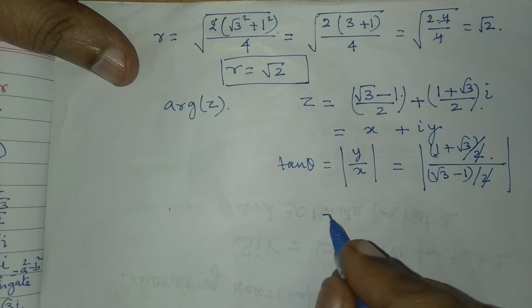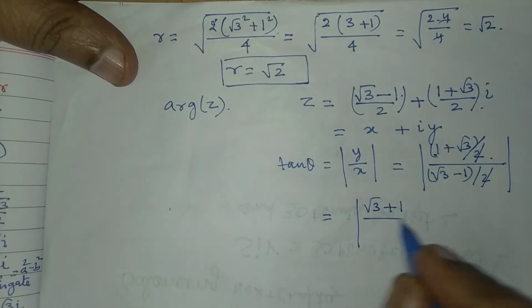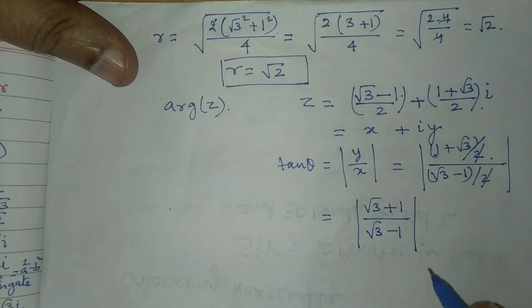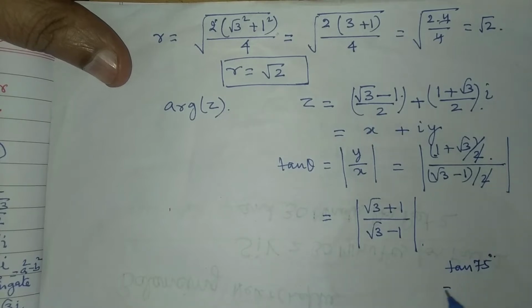So it is equal to (root 3 plus 1) by (root 3 minus 1), as we will find out tan 75 degree. As you know, tan 75 degree can be written as tan of 45 degree plus 30 degree.